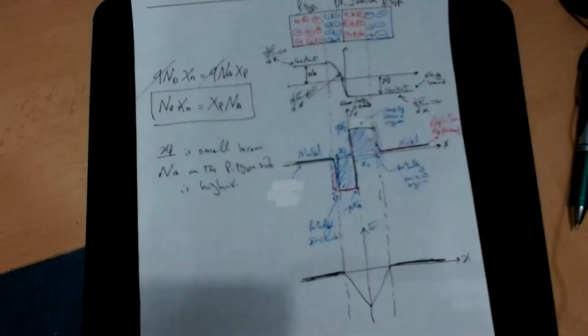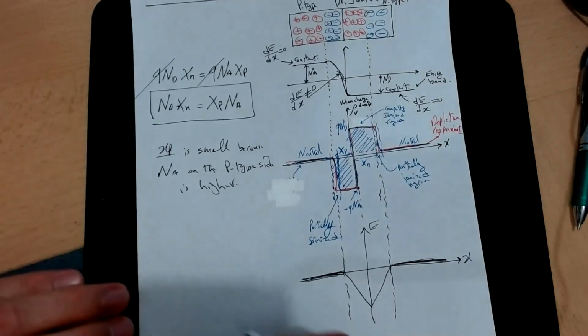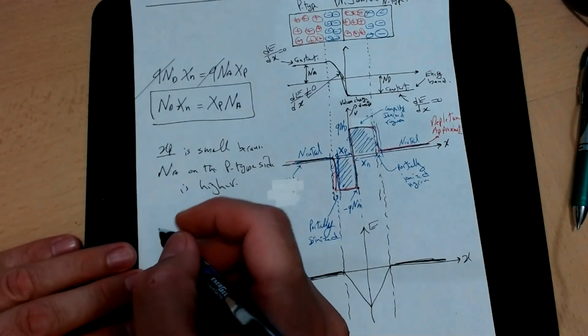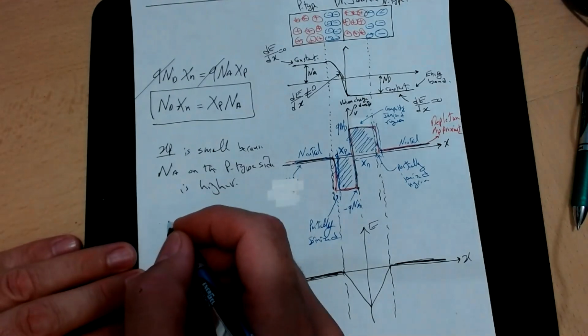So to continue, the drift current density.